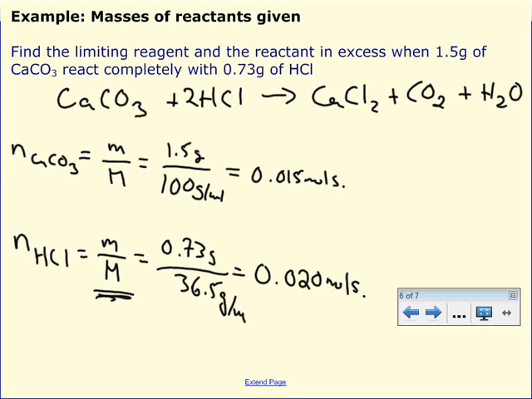So right off the bat, with the number of moles, I can pretty much tell which one is going to be limiting and which one is going to be in excess, but I'm still not sure, so I'm going to continue on with my calculations.